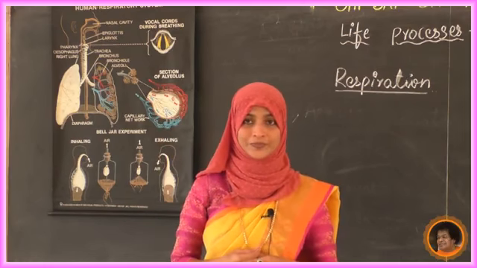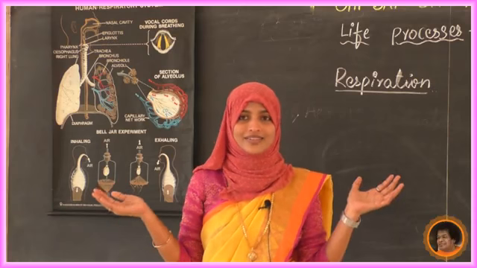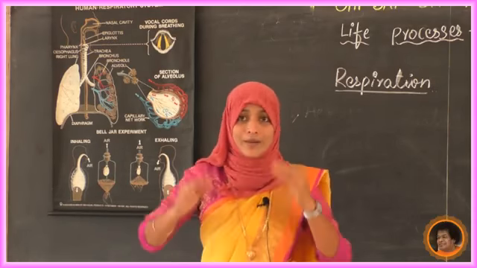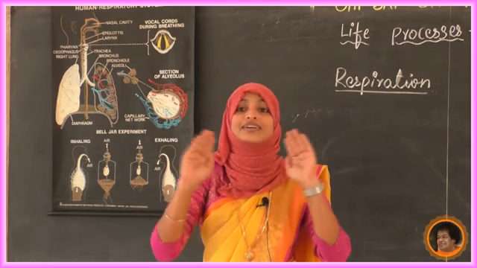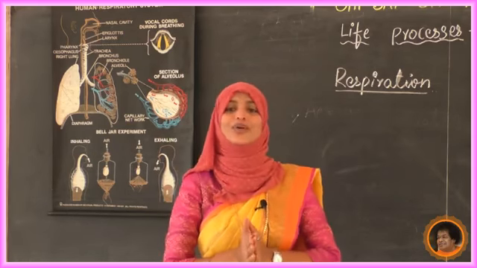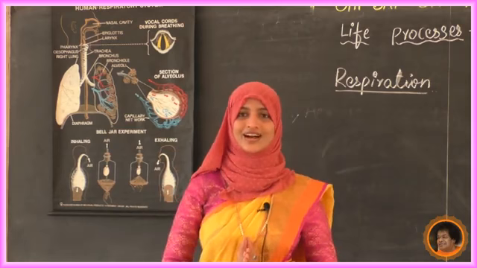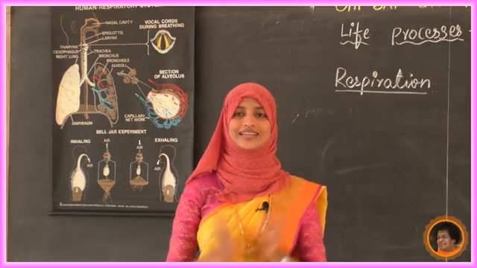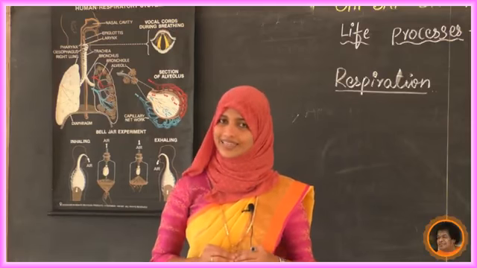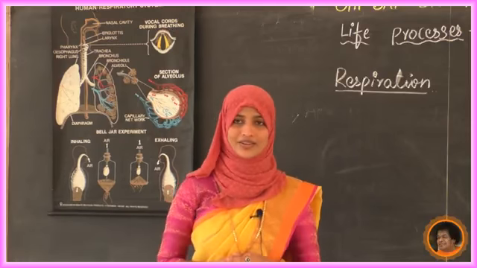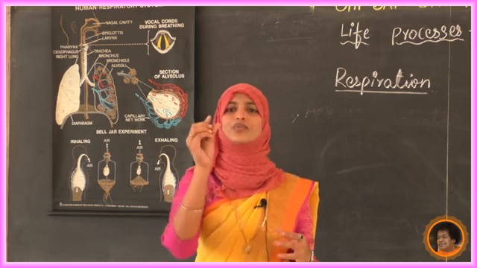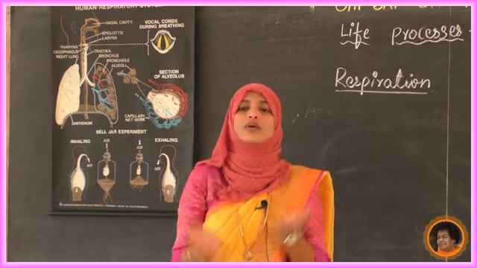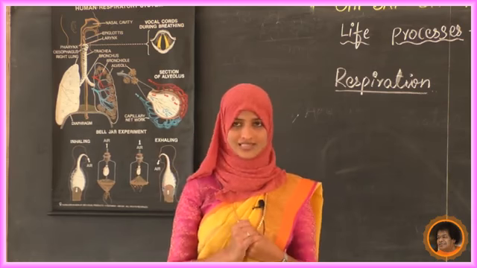These lungs are very delicate, but they are covered, as if in a cage. Just as lions and tigers are put into a cage in zoos, our rib cage is present. It covers our lungs to protect them.